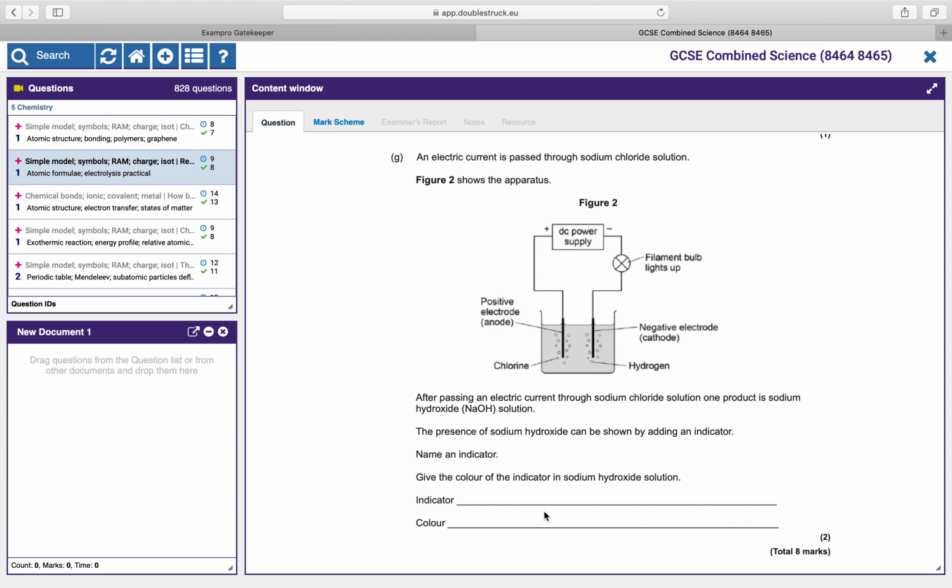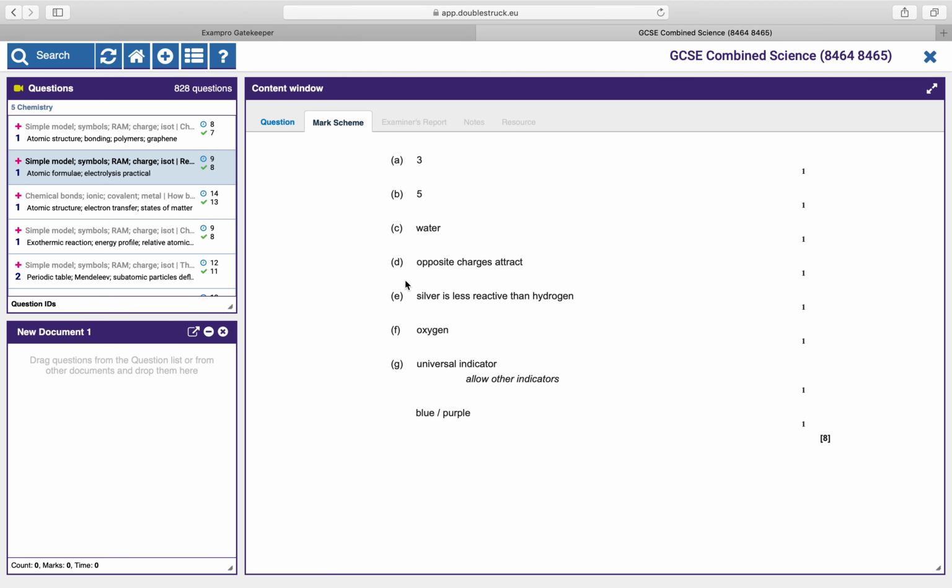So you've got this amazing color spectrum, but it's easy to notice, okay, it's got hydroxide in, it must be an alkali, so it's going to be purple or blue, and you'll get marks for either of those. Yeah. So that's the fair one to start with.